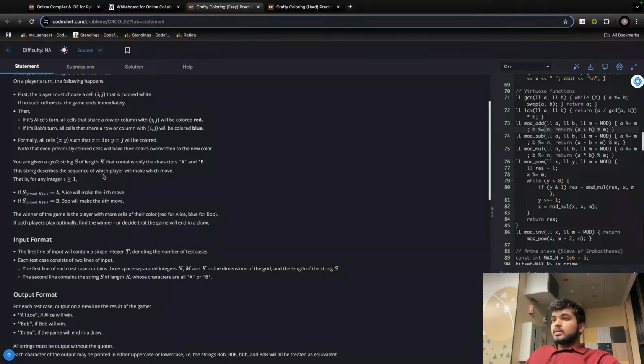So let's say k is 3, right? And we arrived at the position where now i is equal to 4, let's say. So 4 mod k is 1.